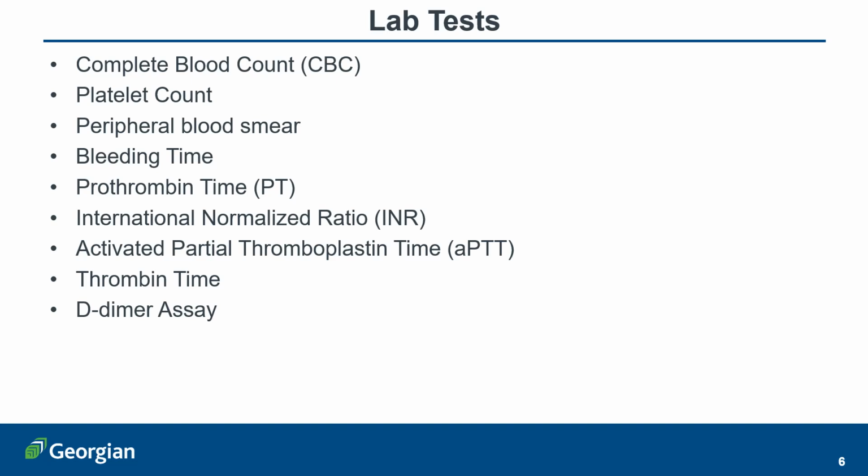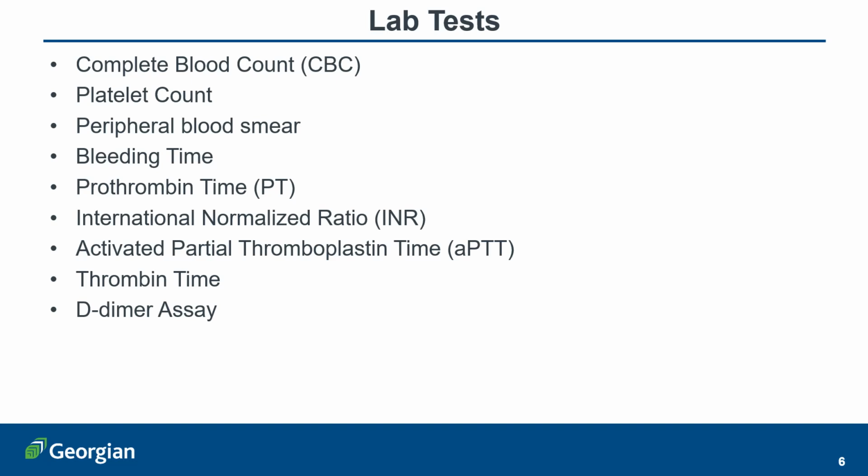The peripheral blood smear might show the shape of the various blood cells, including the red blood cells, and if they are sickle shaped, that might be an indication of sickle cell anemia. An increased bleeding time indicates a coagulation defect, and so that's a useful lab test as well. The prothrombin time, as well as the INR, as well as the activated partial thromboplastin time, all three, the PT, the INR, and the APTT tests, are all tests to evaluate both the intrinsic and extrinsic coagulation pathways.